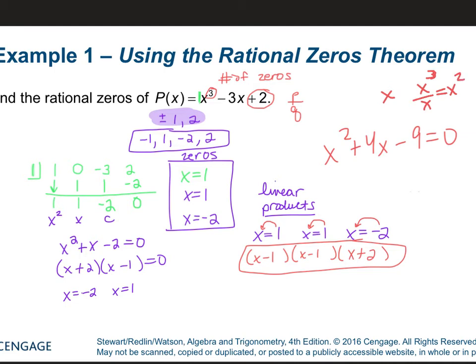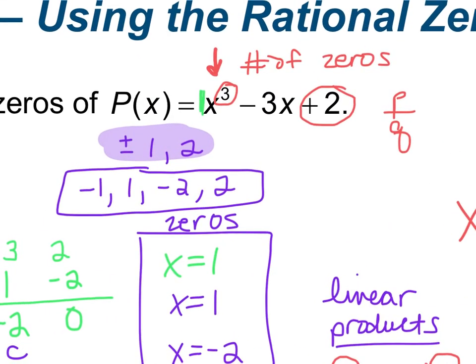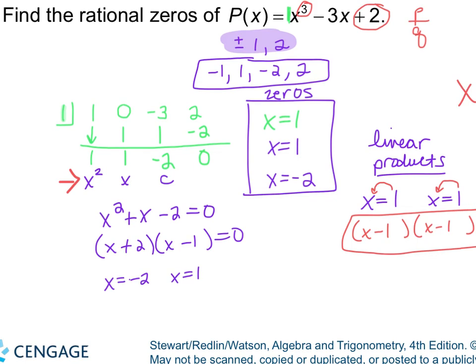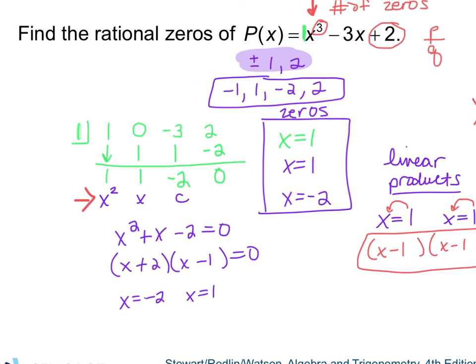So every time you do synthetic division, whatever degree you start with, your answer on this line is always one less. Since we start off with x to the third, after I divide, in a sense I'm dividing x into x to the third, so that's where we get our x squared.